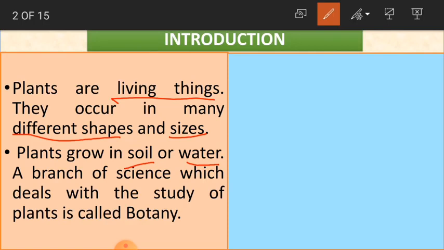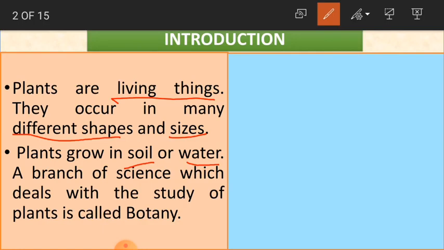Same like that, you have some plants which also grow in water. For example, as I said before, a money plant. Most of the houses will have money plants, a creeper type of plant which is very beautiful. We can grow that plant either in soil or in water. We have so many plants of that type which can also grow in water.